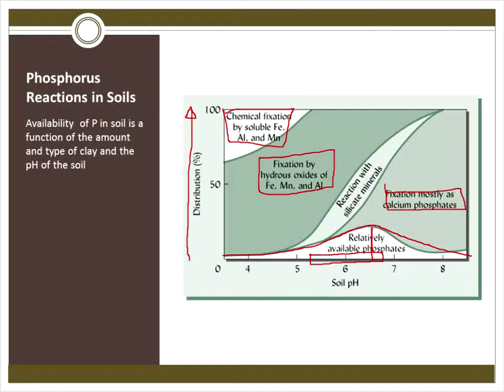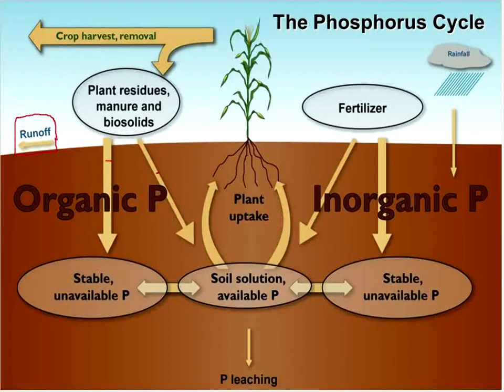What we're talking about is manipulating the soil pH in order to make this pool over here, this bubble, a little bit smaller, and this bubble a little bit bigger. That's what we're trying to do with pH: change the size of those two particular bubbles.